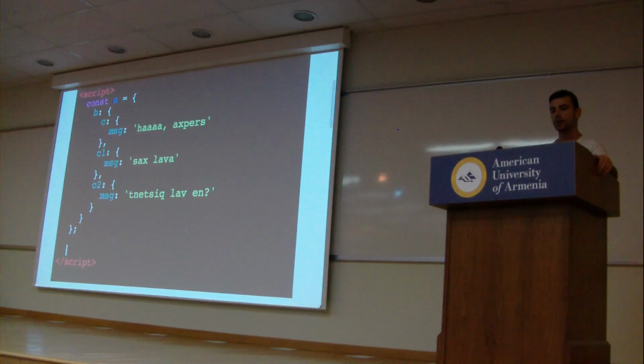Okay. Look, B has a key called C, a key called C1, and a key called C2, right? Tell me what to write in order for me to create another key called C3. The value of that should be an object, where the message is normal.